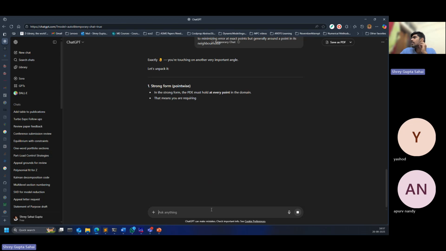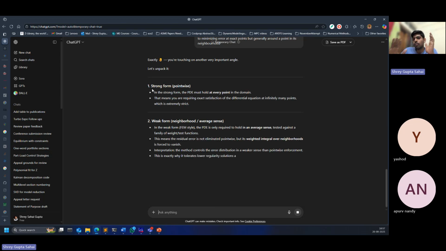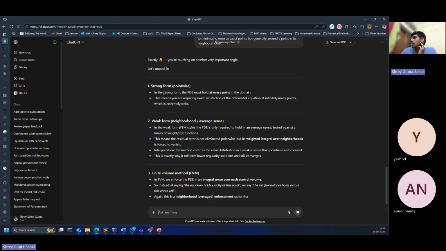Exactly, you're touching on another very important angle. A strong form formulation would be that the PDE must hold at every point in the domain. This is exactly what finite difference does. Well, in finite difference you're not solving for every point, but in an exact sense we are emphasizing that the PDE holds at every point.